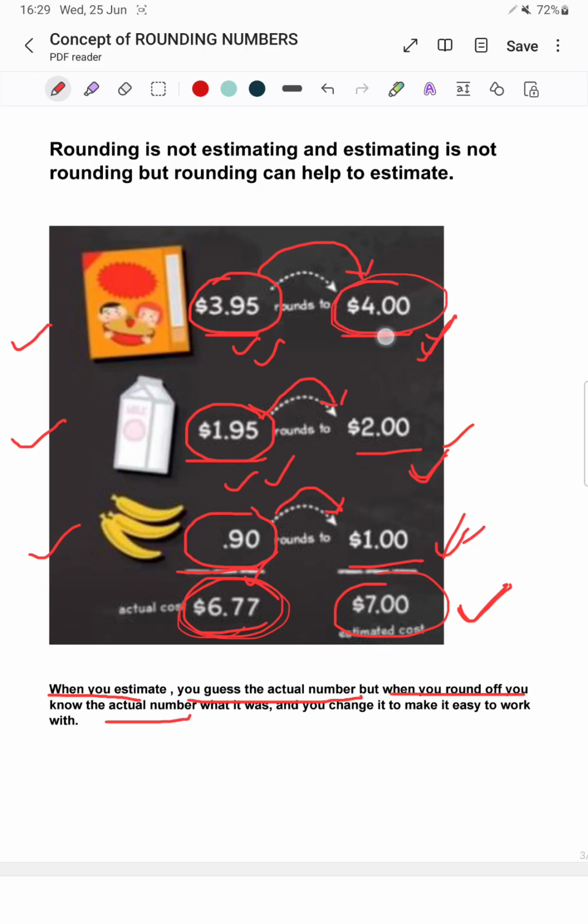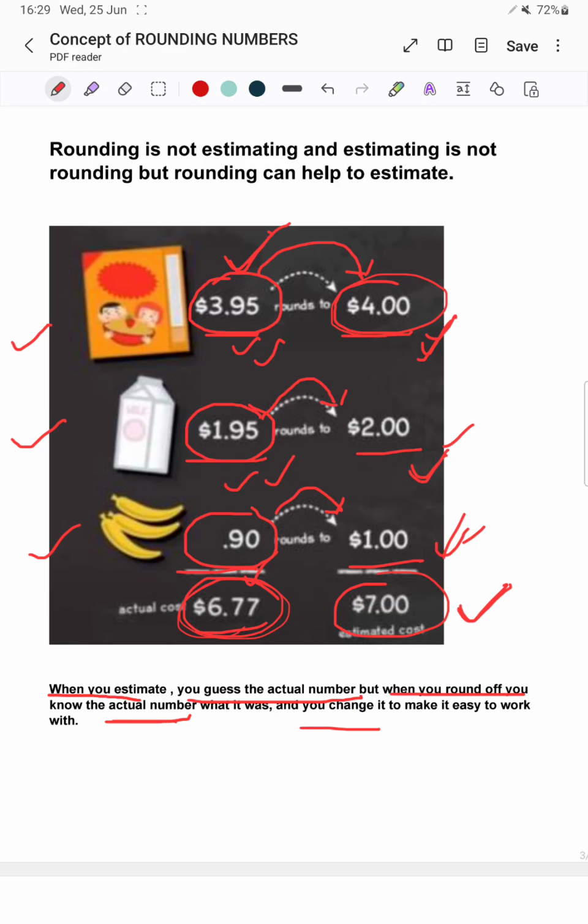I got this rounded value 4.00 because I knew the actual value, and that actual value I rounded depending upon the process of rounding, and then I can use it in different ways. So in estimation, we do not know the actual value, we guess it. But in rounding, we know the actual value and we make it simple for different reasons.